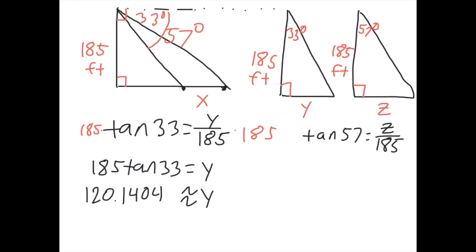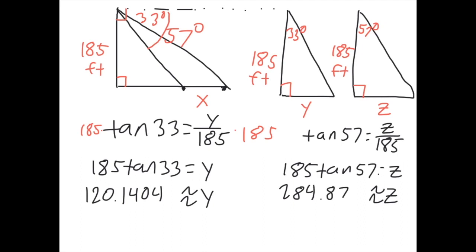Multiply both sides by 185, you'll get 185 tangent of 57 equals z, so z equals about 284.8750.